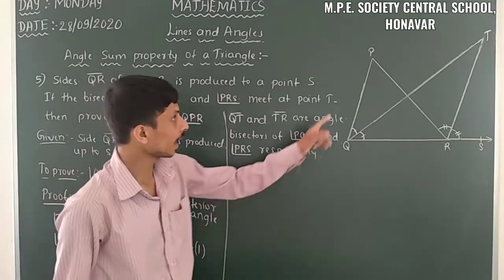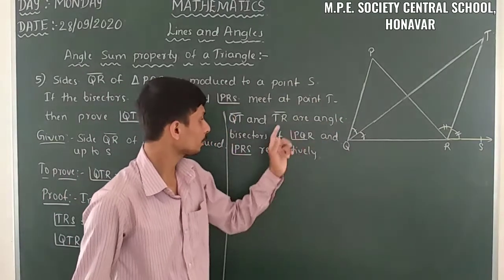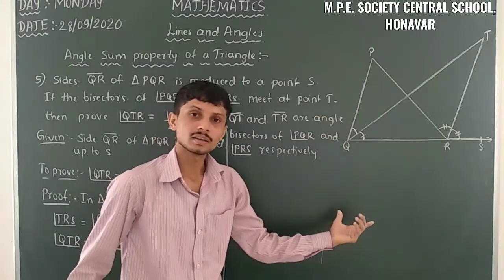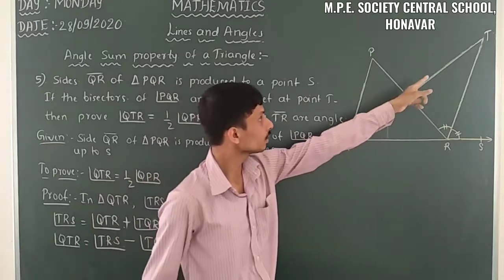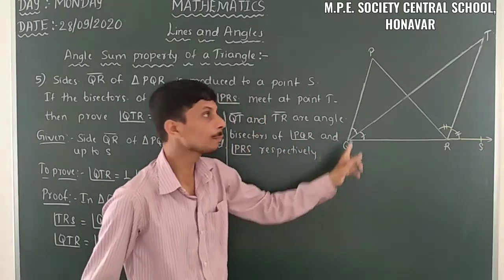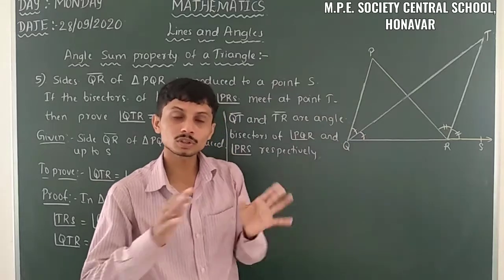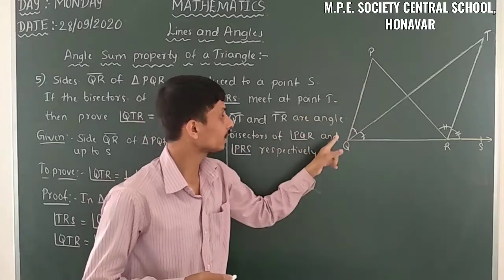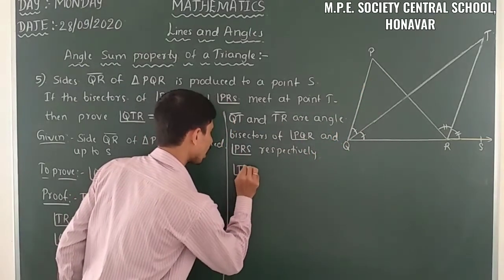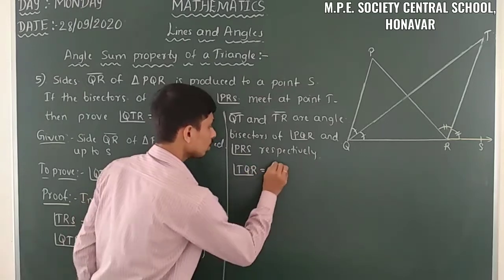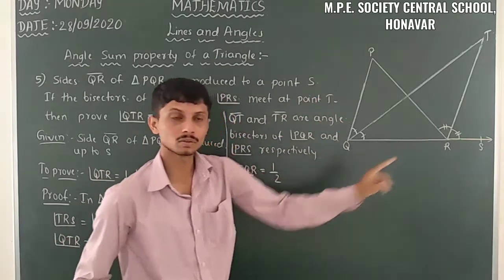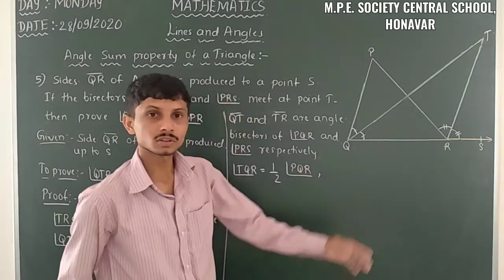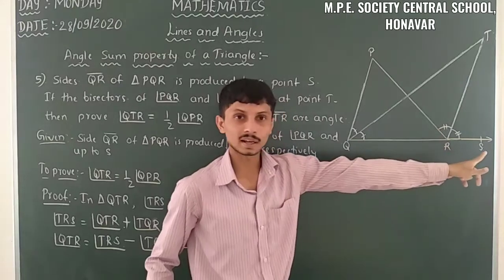That means angle PQR is 2 times angle TQR. Also, we can take it as angle TQR is half of angle PQR. Both are one and the same. Angle TQR is equal to half of angle PQR. Then let us come to angle PRS.